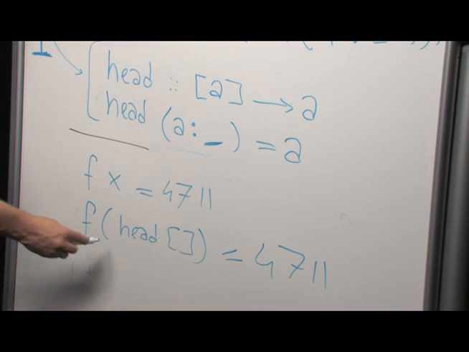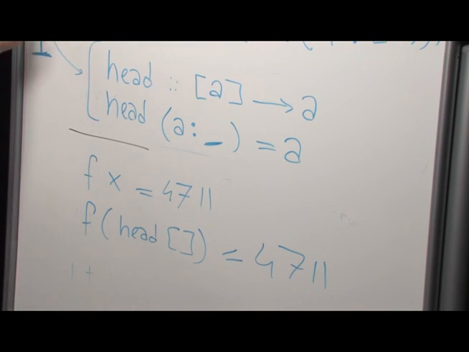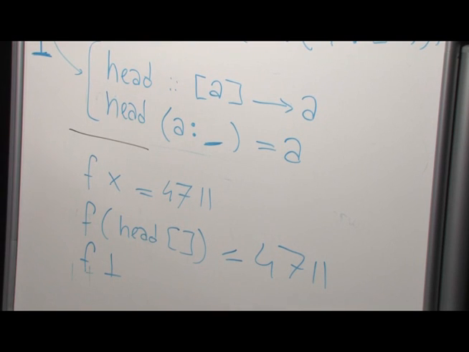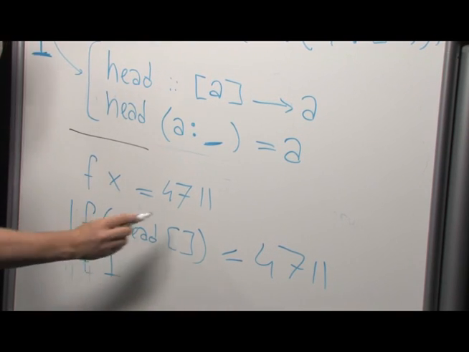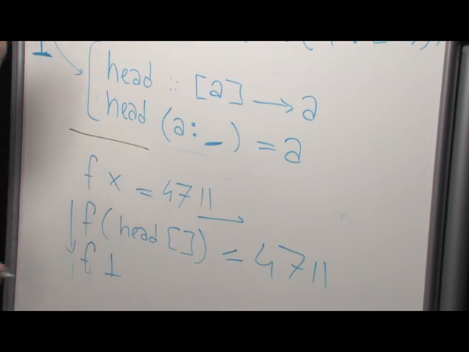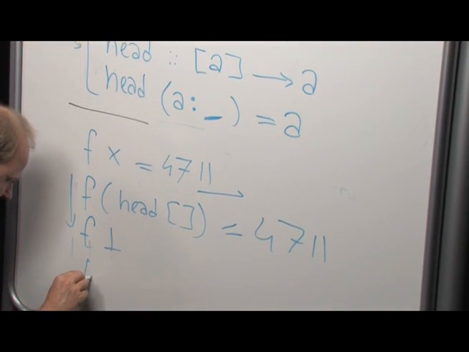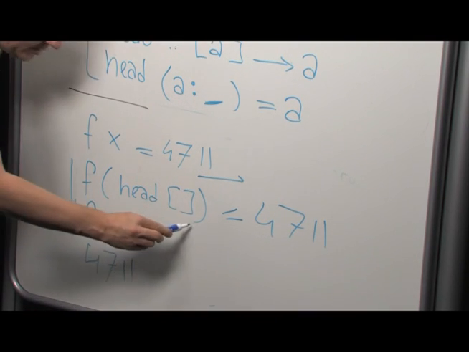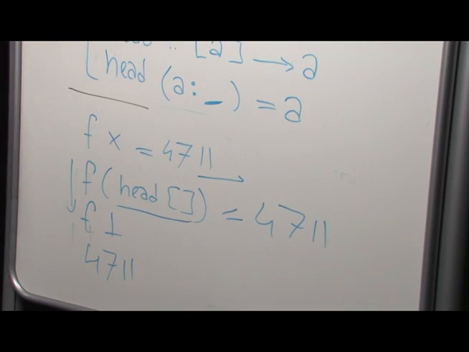Or I can say, well, the head of the empty list, well, it's something that doesn't terminate, right? So I go this direction. Here I go that direction. And then I can say, well, f of anything is 4, 7, 11. So this is, again, 4, 7, 11. So it's okay to just leave things that are errors just there and treat them as not terminating until you really touch them.